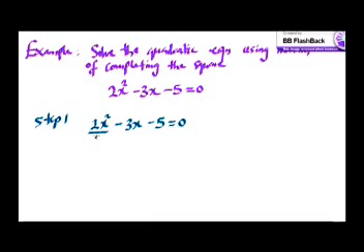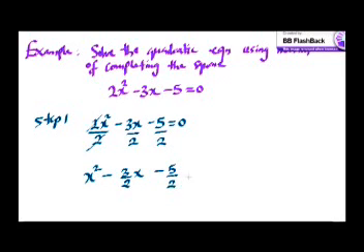Now if I divide all through by 2, which is the leading coefficient, this cancels out this. I'm going to have x², okay, minus 3 over 2 x minus 5 over 2 is equal to 0.